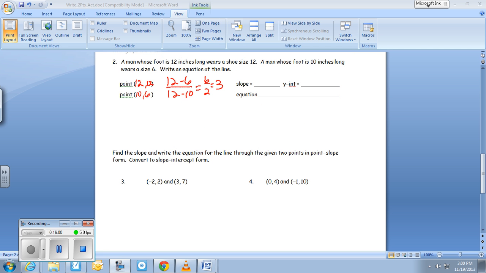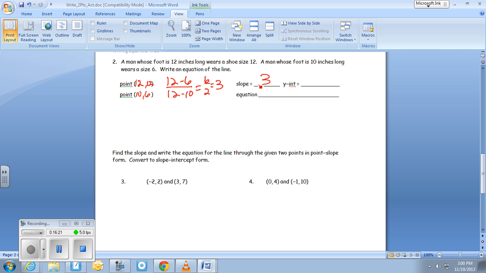Alrighty, number 2, a man whose foot is 12 inches long wears a shoe size of 12. A man whose foot is 10 inches long wears a size 6. Write an equation of the line. So I used my 2 points of 12, 12, and 10, 6. So I'm going to find the slope first. So I used the slope formula and found a slope of 3. Now I just need to find my y-intercept.